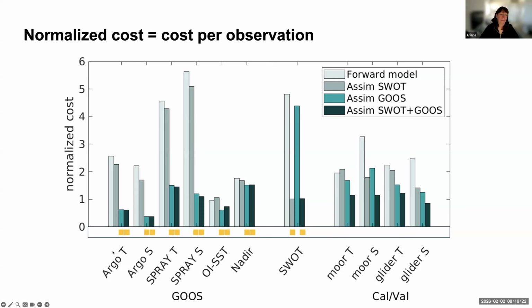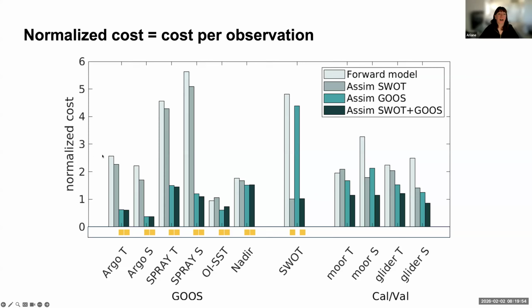So this is the Argo temperature profiles, then the Argo salinity, spray temperature, salinity, the remote sensing SST, nadir altimetry. Then we have the SWOT constraints, and here are all the independent data sets. So these are the CalVal mooring and glider temperature and salinity. I'm plotting the normalized cost, which is the cost divided by the number of observations in each data set.